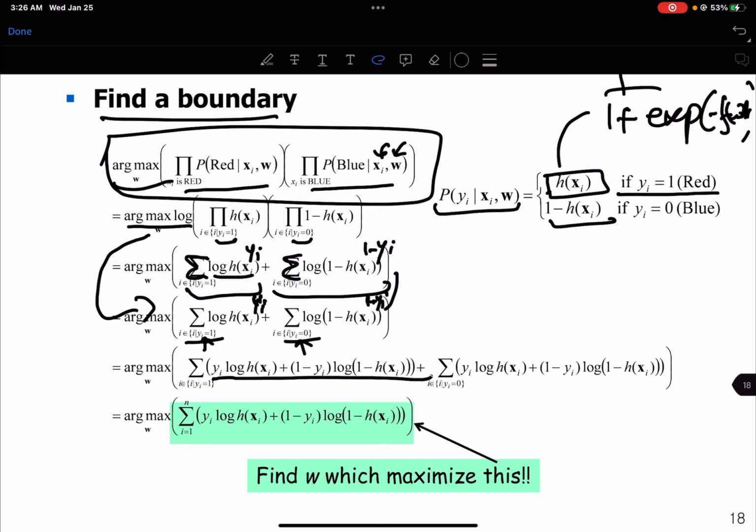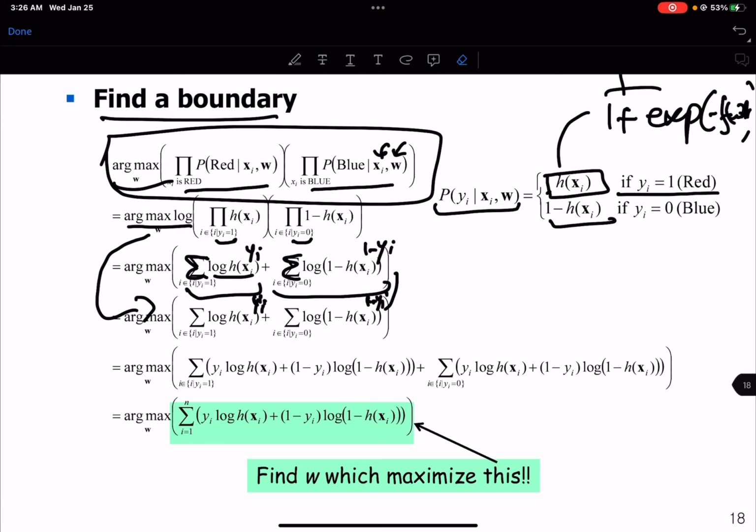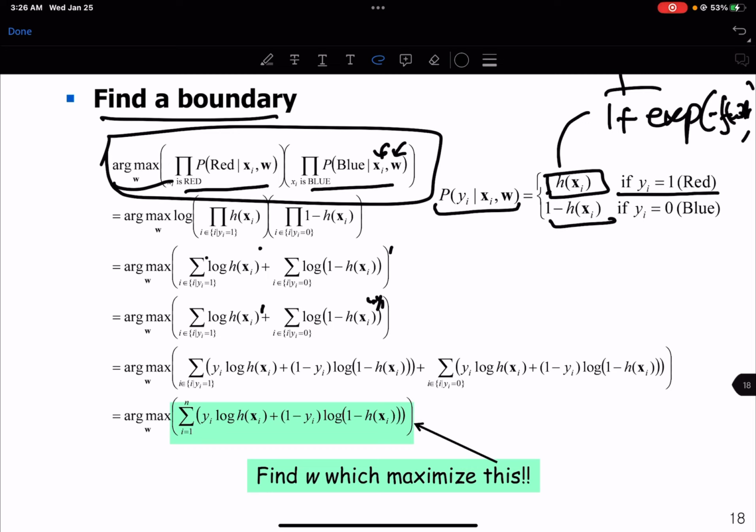We have this function for one condition and this function for the other. When y_i is 1, we have y_i log h of x_i, and when y_i is 0, we have (1 minus y_i) log of 1 minus h of x_i. If y_i is 1, the second term becomes 0, and when y_i is 0, the first term becomes 0.